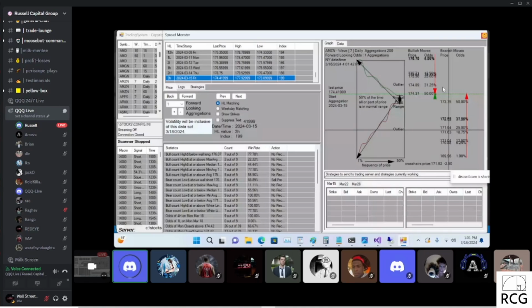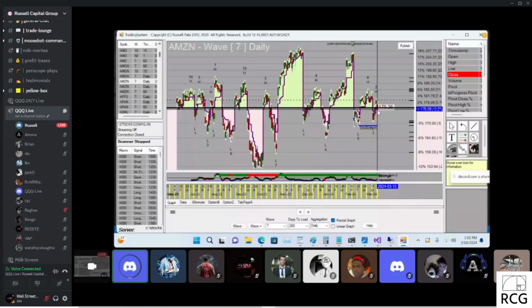So by looking at this, I can already tell price tended to gravitate right into this area, the 172.52, which puts us down here somewhere.